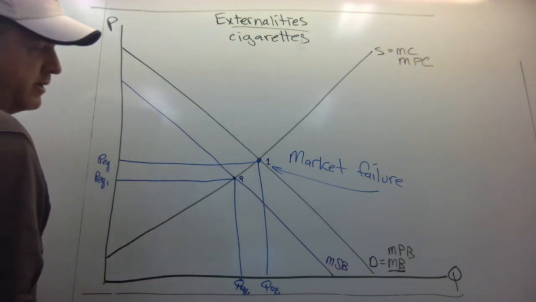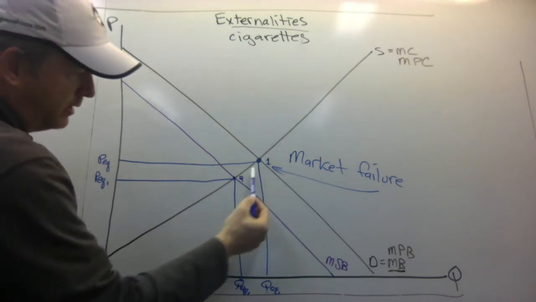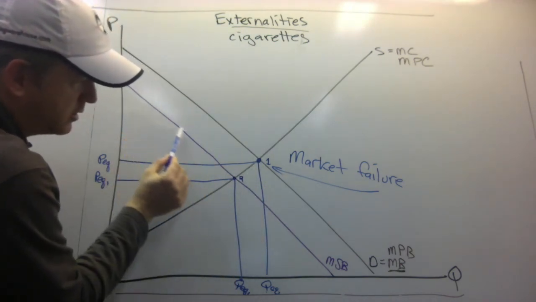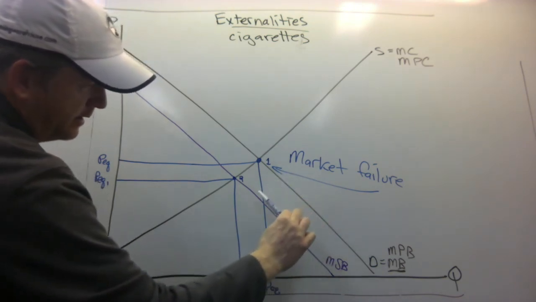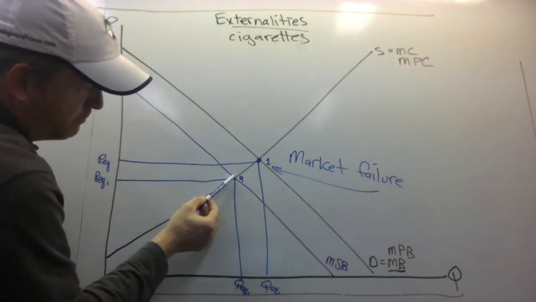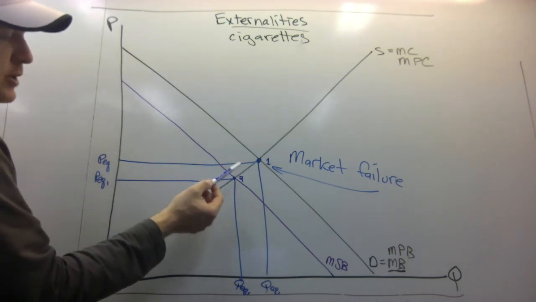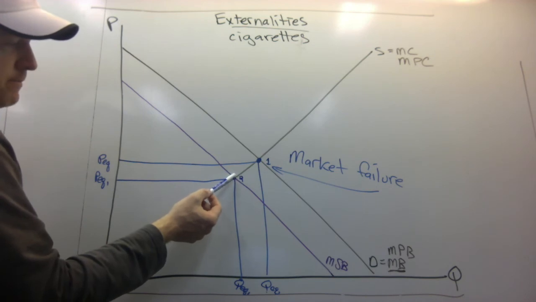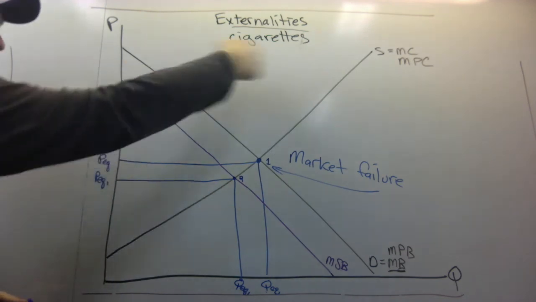Some people worse off. If we do capture or internalize the externality, we see that we have a marginal social benefit curve that shows benefits something less than the private benefit, and we end up at Q2, which is socially optimal. This is the amount of cigarettes that we should have in society in order to capture all the tastes and preferences of everybody who is affected by the cigarettes, including people who are not buying cigarettes at all.